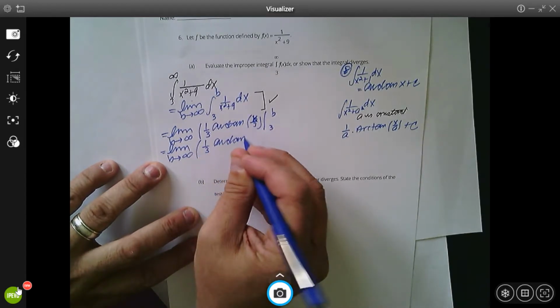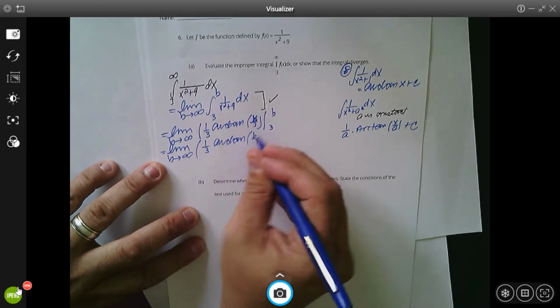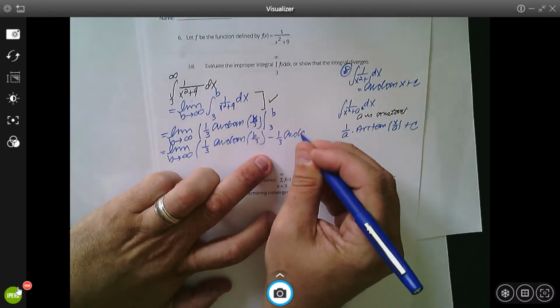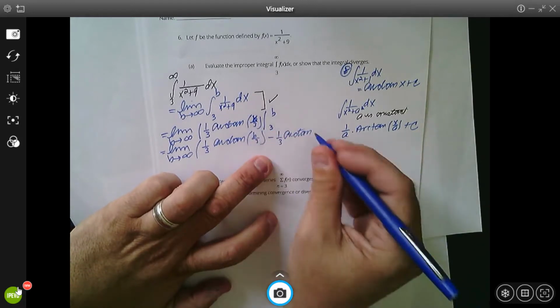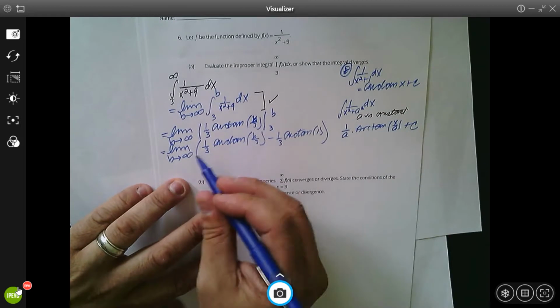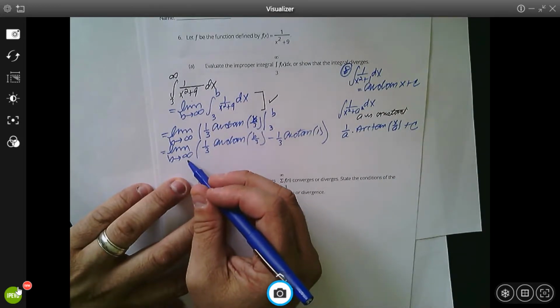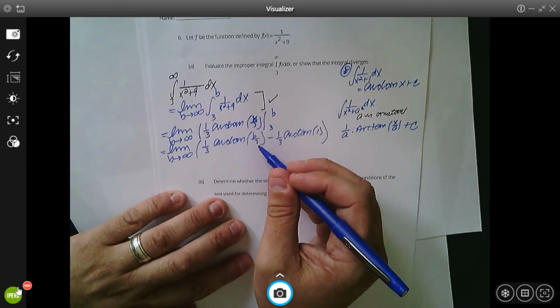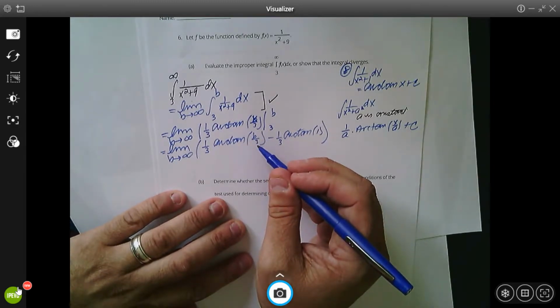Evaluate, and you've got now 1/3 arctan of b over 3, minus 1/3 the arctan of 3 over 3, which is the same as arctan of 1. We're letting b approach infinity. As b approaches infinity, b over 3 is going to approach infinity.